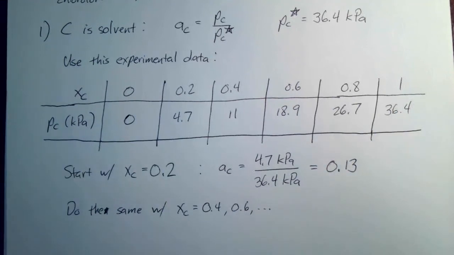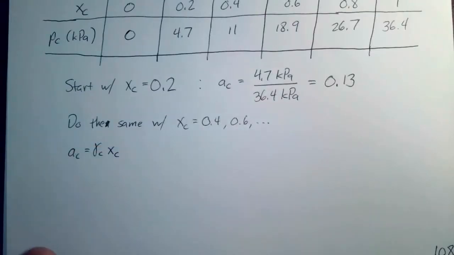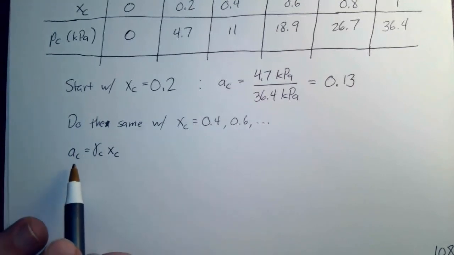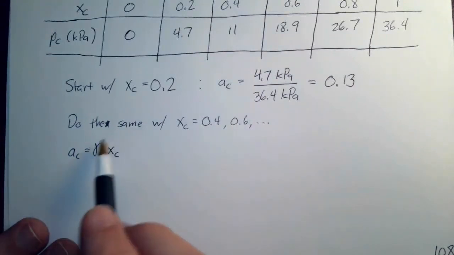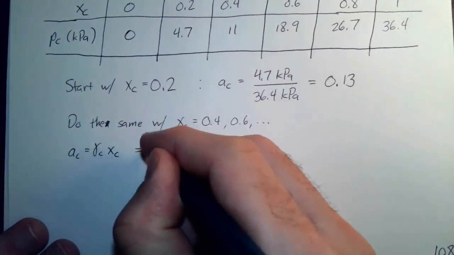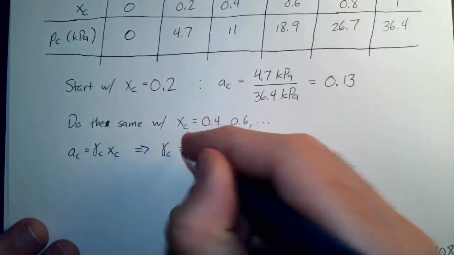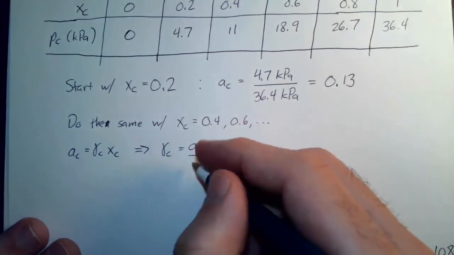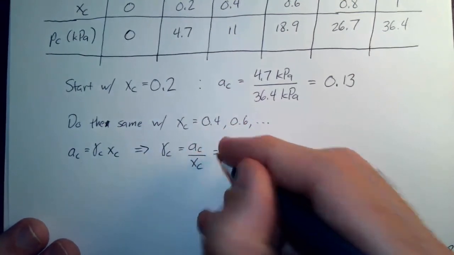Okay, so I'm going to show you what that looks like in a minute. But before I do that, let's calculate the activity coefficient now. So if I start with the definition of the activity coefficient, I'm going to solve this equation for the activity coefficient. And so it's AC over XC.